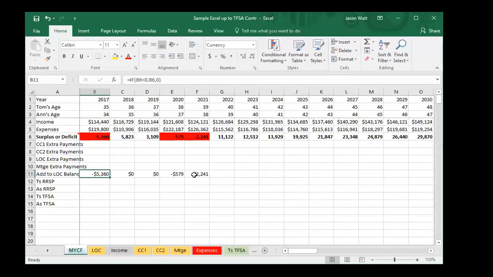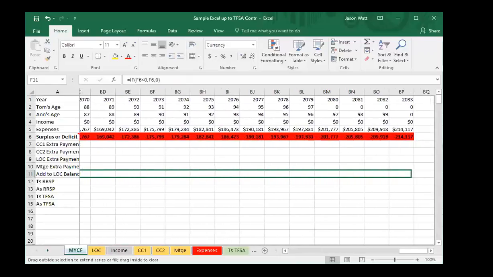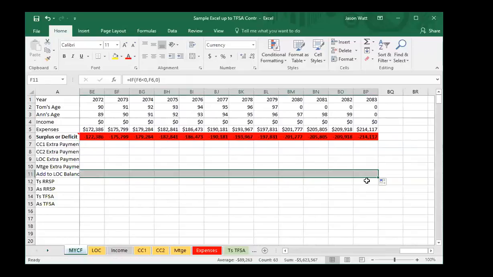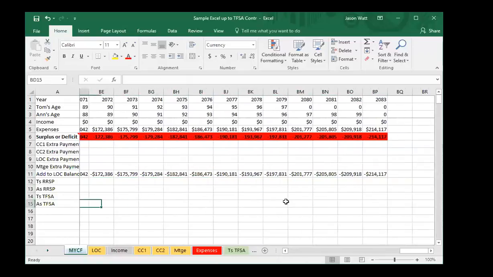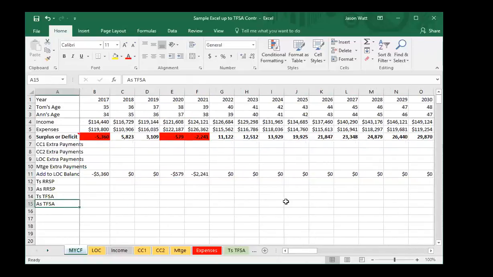We pop back to our multi-year cash flow. We're going to run that all the way across. Okay, and what I like to do here is I like to just have sort of a running total, for lack of a better term. This is going to let me make sure that I'm allocating all of my $5,360.